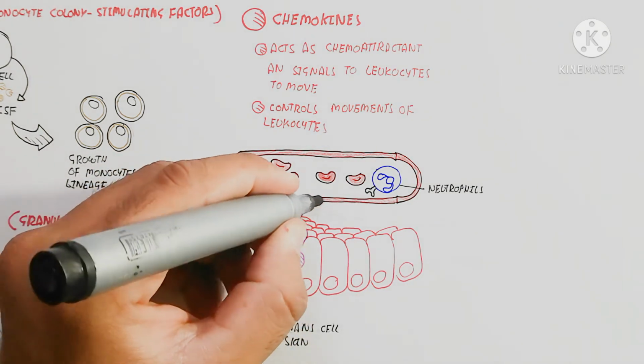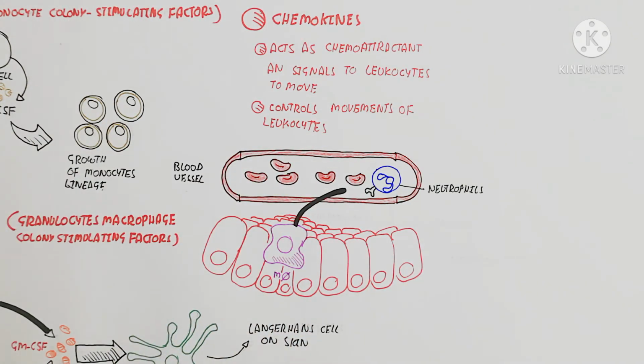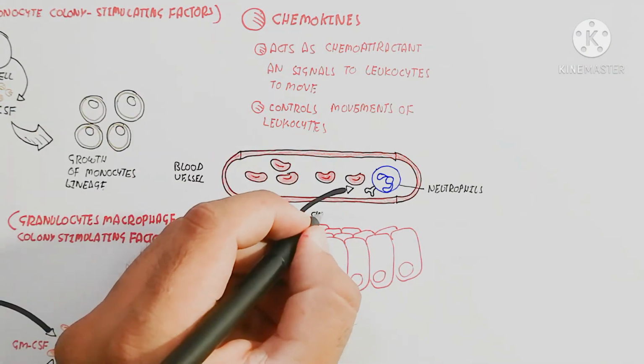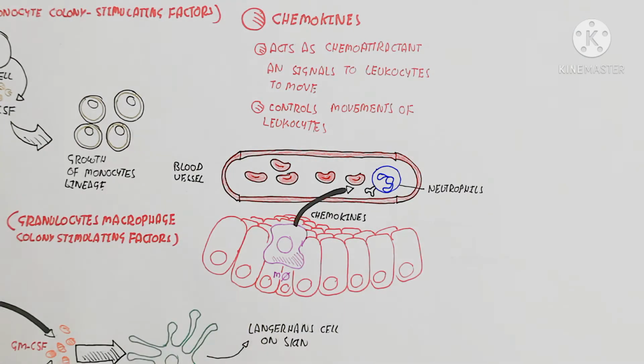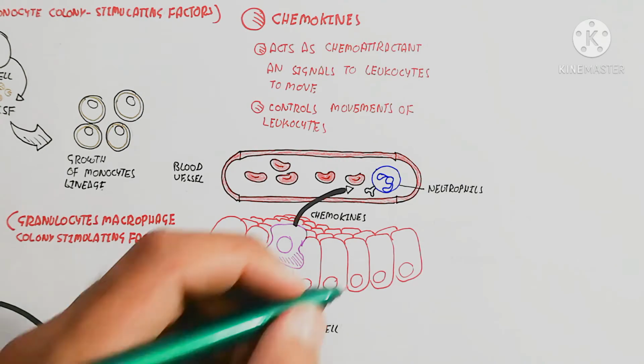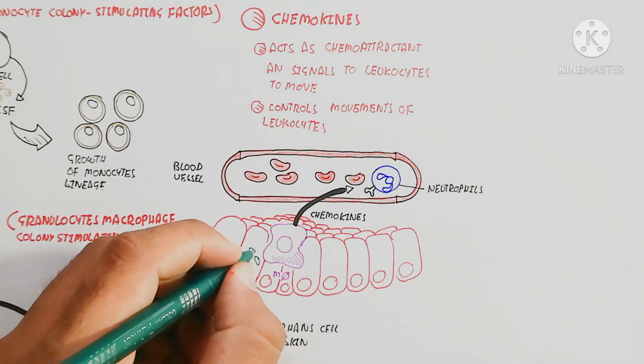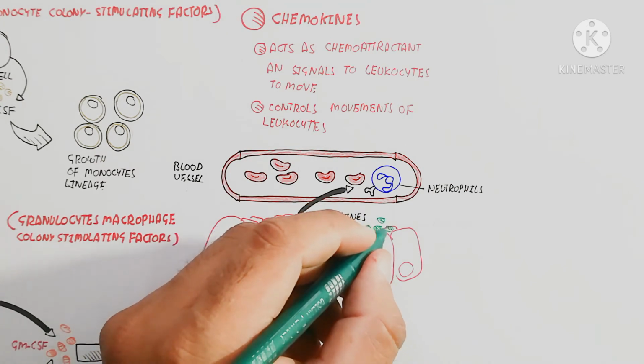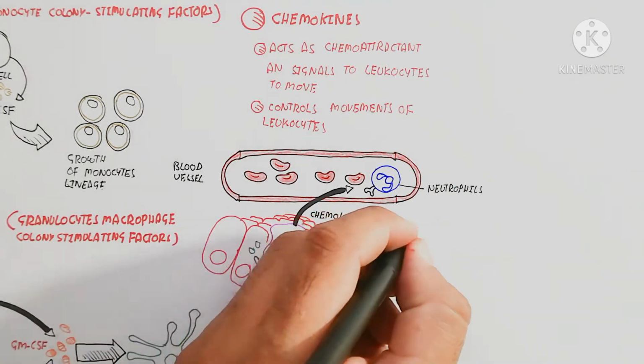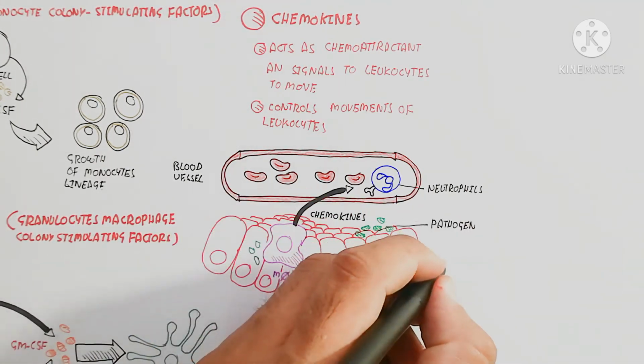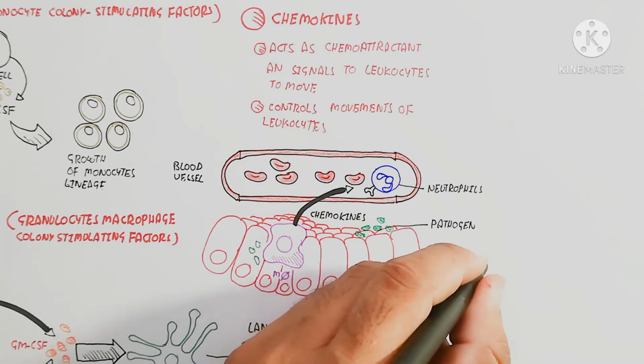These chemokines go into the blood and stimulate the neutrophil near the infection site to engulf the pathogen near the tissue. So that means movement or recruitment to the infection site. So that is the important thing to understand.